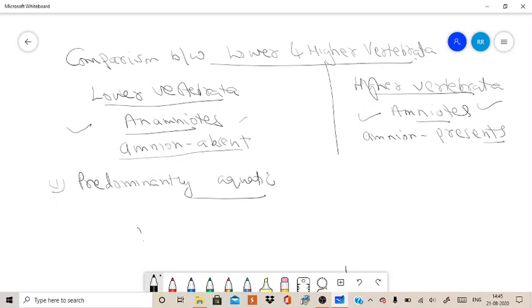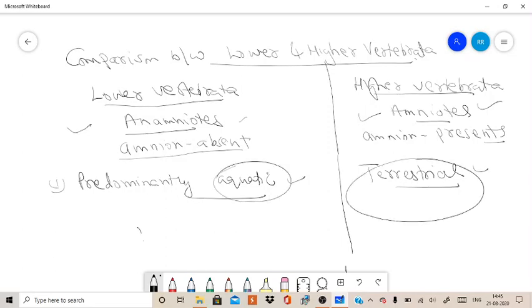So they are aquatic animals. Then the amniotes are predominantly terrestrial. So these are aquatic animals and these are terrestrial animals.